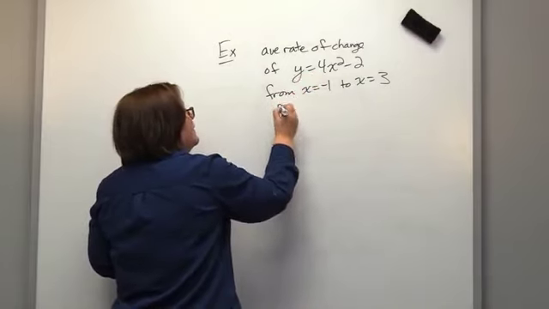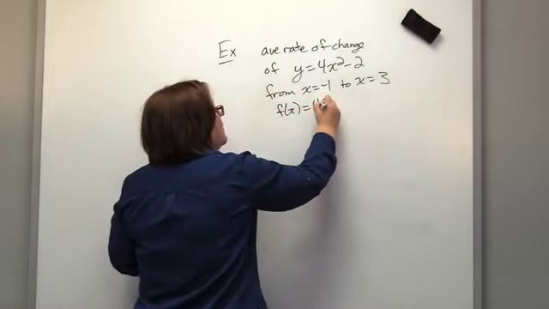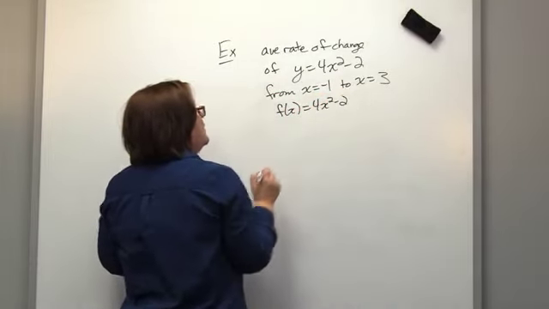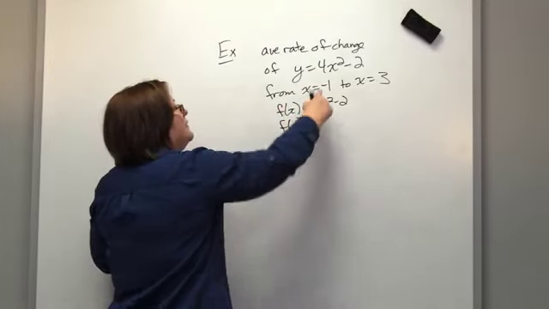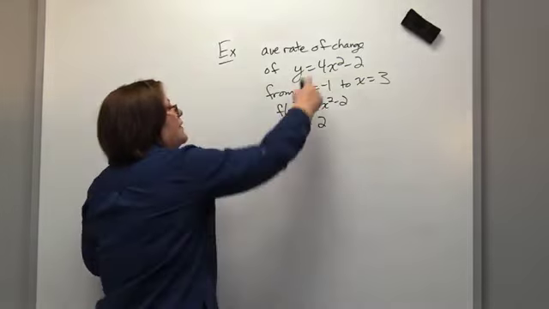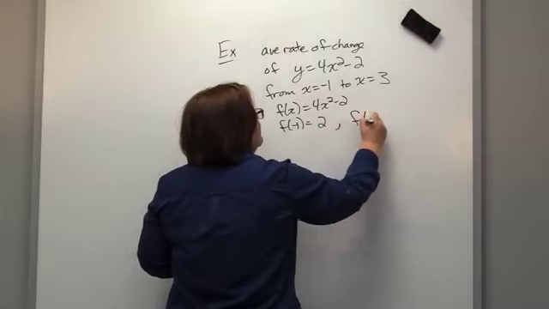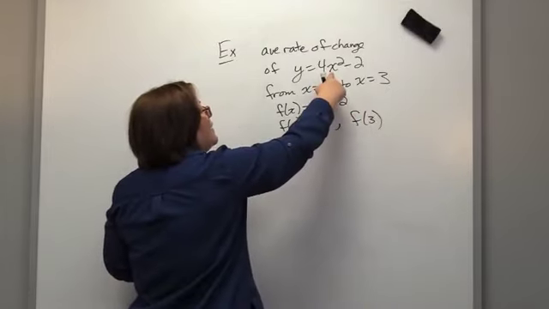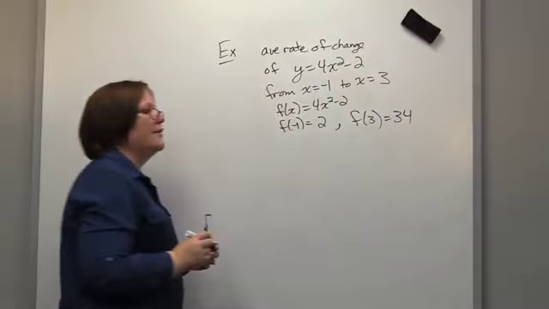If we think of f of x as 4x squared minus 2, we need to look at f of -1. Plugging in -1, we get 2 (4 times -1 quantity squared). And f of 3, we get 4 times 9 minus 2, or 34.